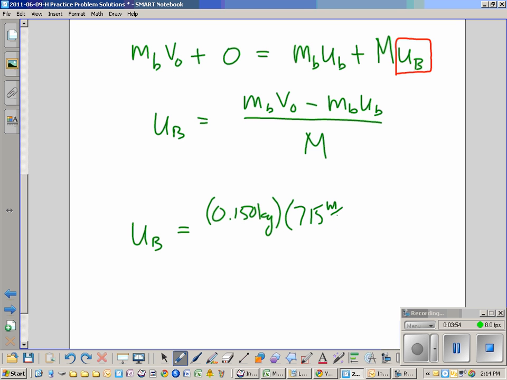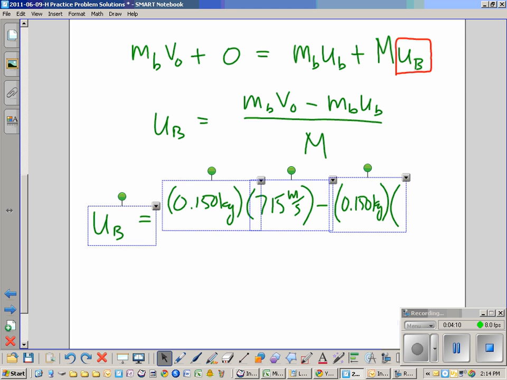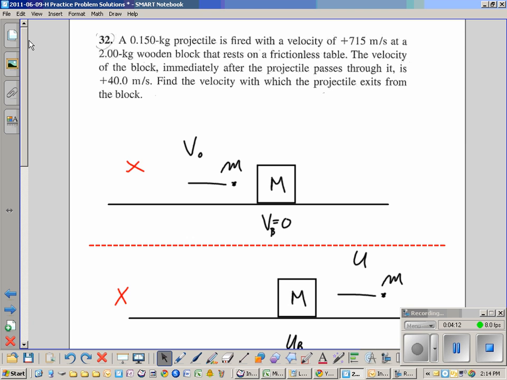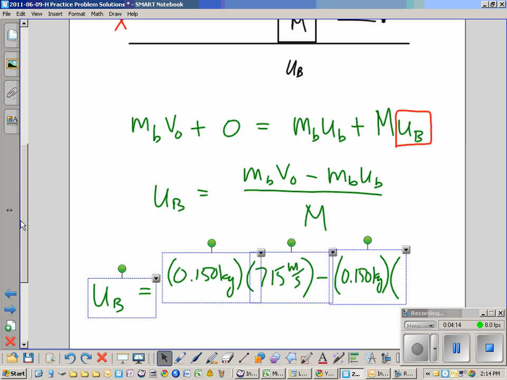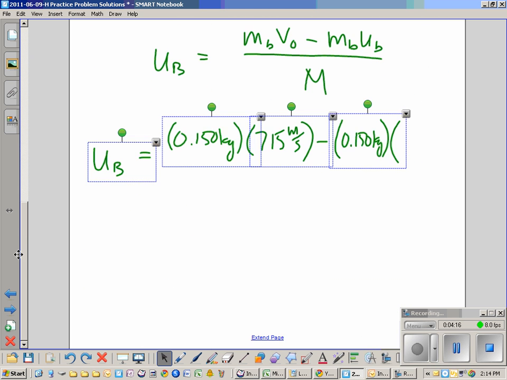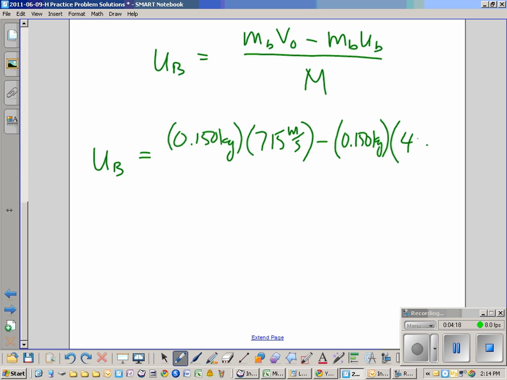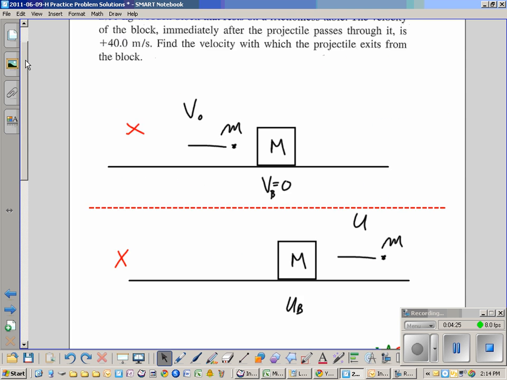Actually, we could just group that. I should have done this to start with: 0.150 kilograms times its final velocity, which is, anybody remember? 40 meters per second. All divided by the mass of the block, which I think is 2 kilograms.